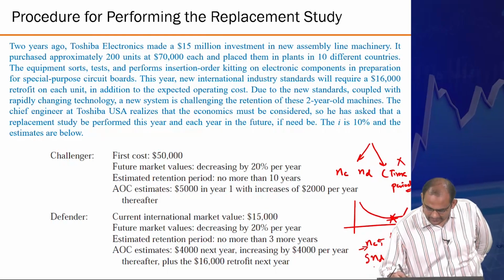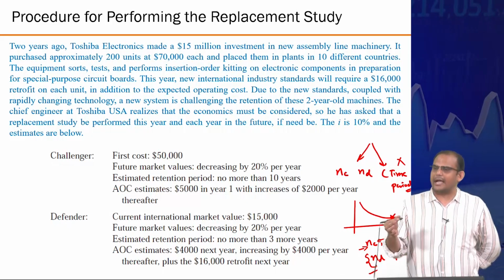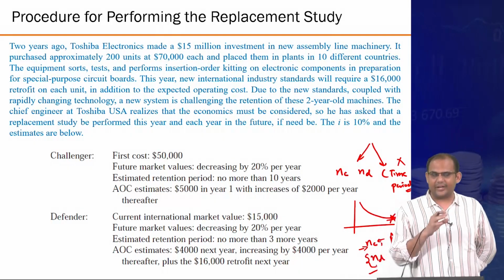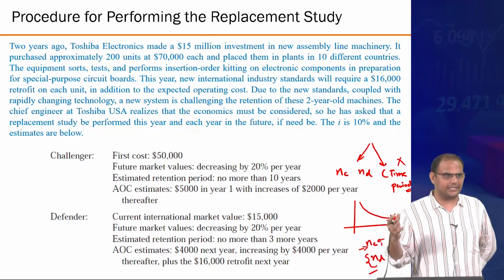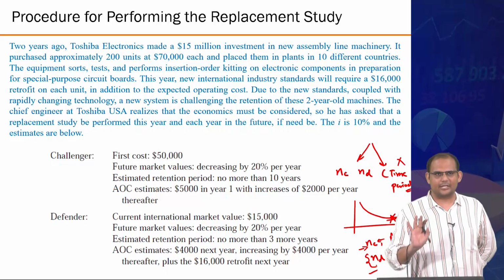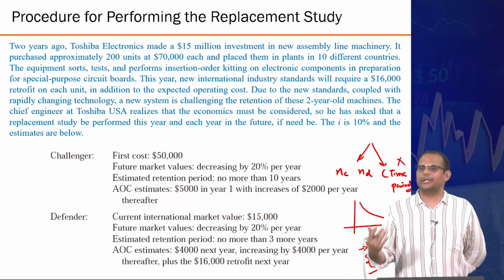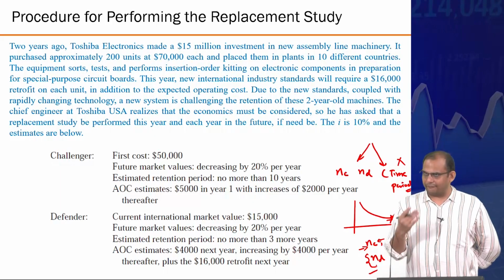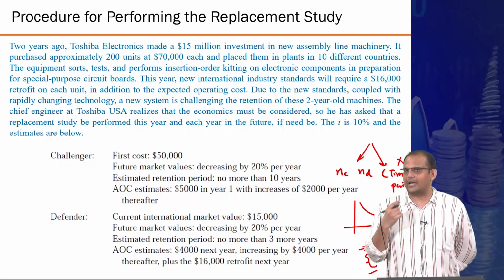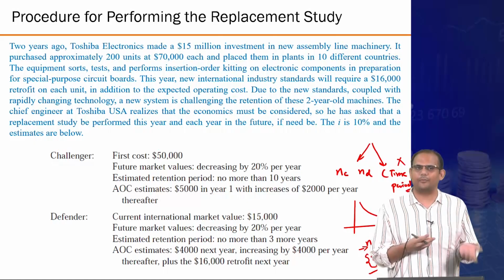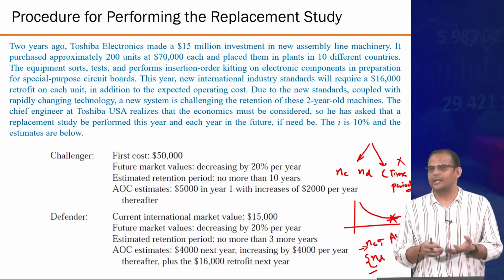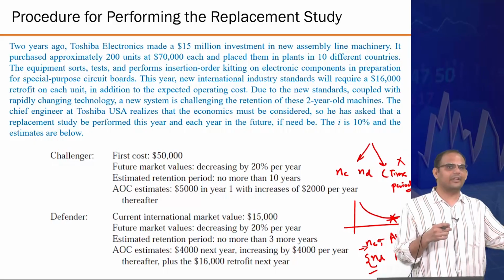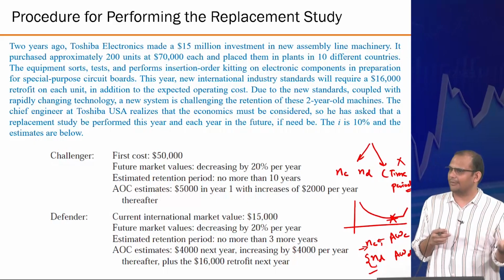But in the case where the total annual worth of the cost of the defender is lower than the challenger's, then this year's solution is clear. Next year you need to repeat the study, and when you are repeating the study, if new estimates of market value and new information about the cost are available, you need to rely on that information rather than what was available in the original question a year before.